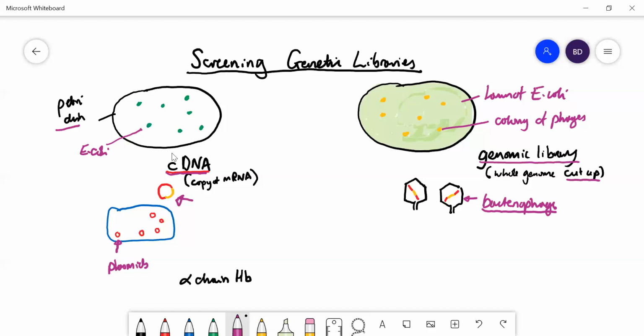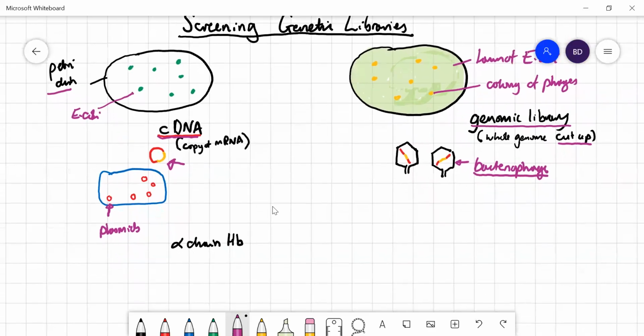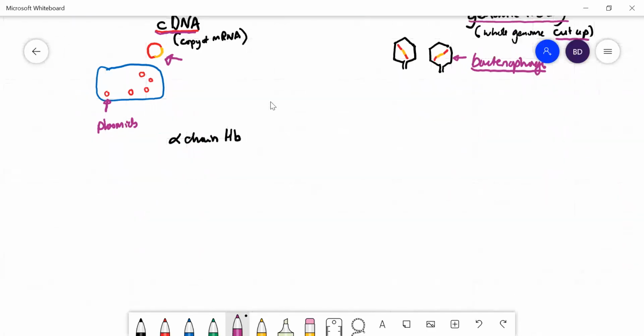You probably have hundreds of thousands of those colonies in an entire library. So rather than one plate, you probably need like 20 Petri dishes with like 10,000 tiny colonies on each one. Anyway, the procedure for looking at the DNA is basically the same whether it's a cDNA library or a genomic library. A Petri dish is prepared with the colonies on it.